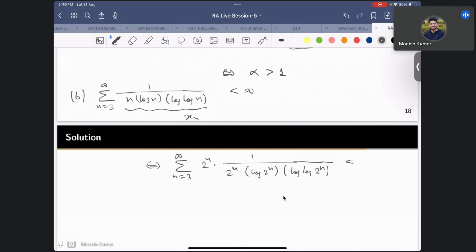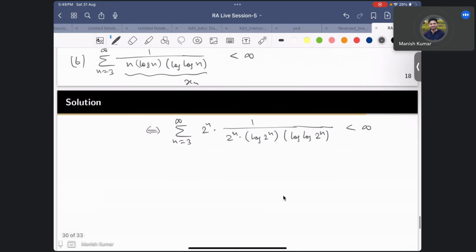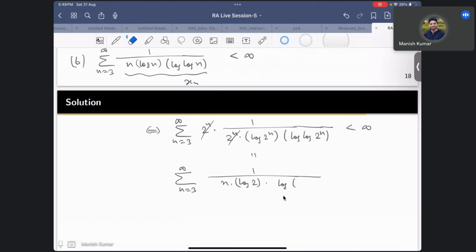So if you write this again, you will have the summation n equals 3 to infinity of 1 by n times log 2, and here you have log of n log 2.